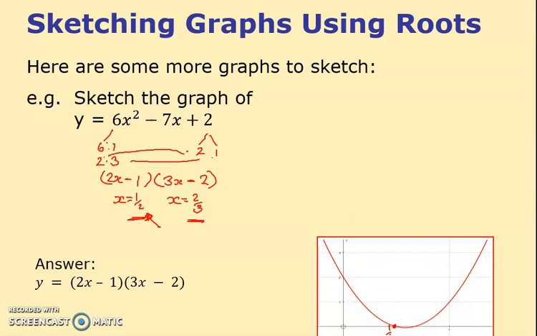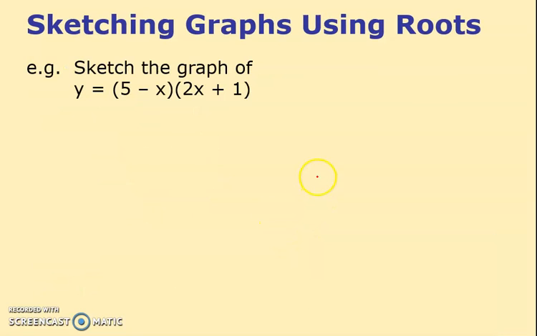That is a half, this is the 2/3. Hopefully you know your fractions. I need this point as well, and luckily it's already been worked out for me. It's the number at the end, and therefore that's a 2. Notice the symmetrical U shape, crossing these 2 points with the 2, full marks.